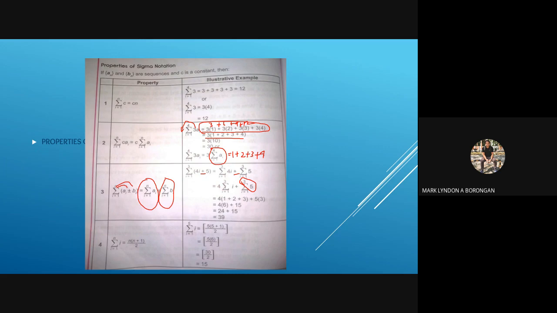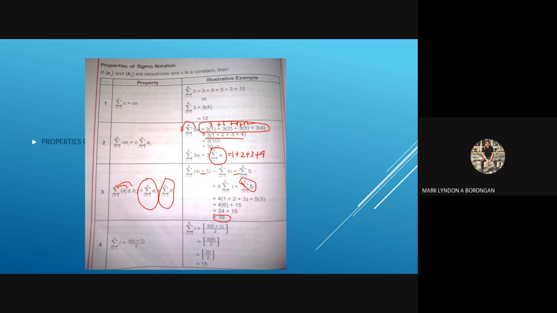So you get 5 times 3. When you simplify, you get 39. So it is just simple addition and multiplication, the elementary operations, guys.